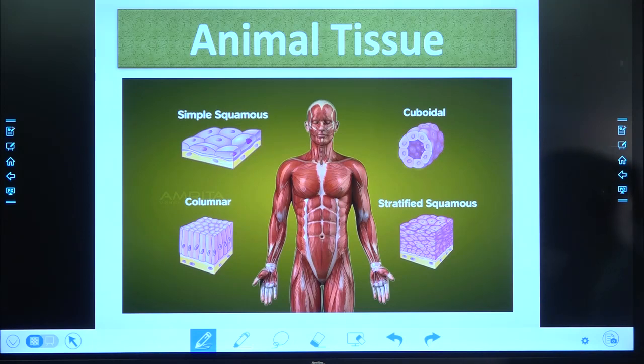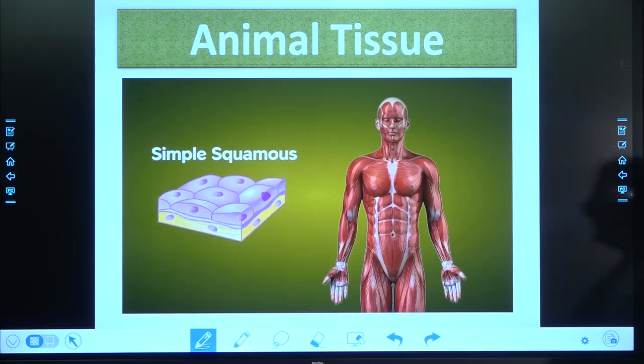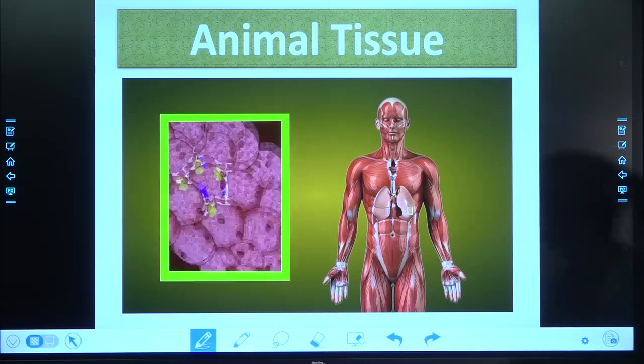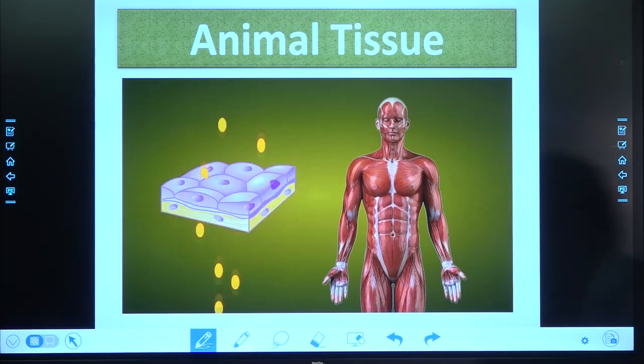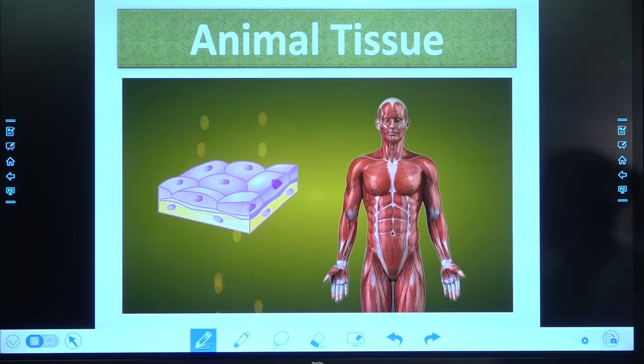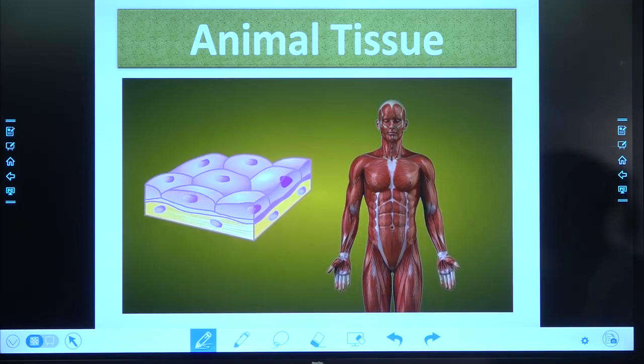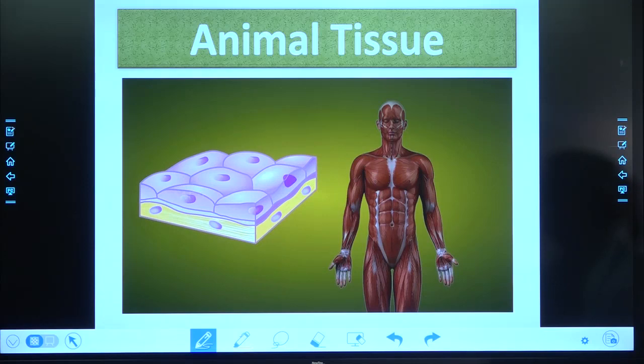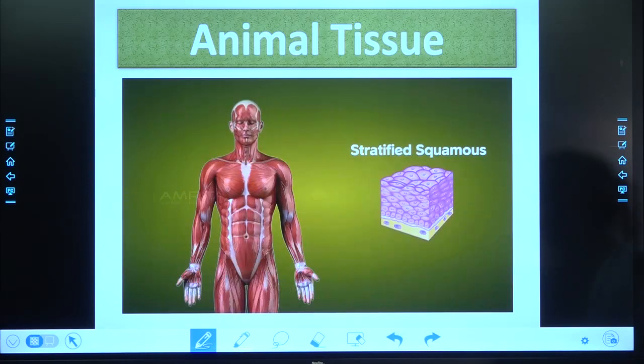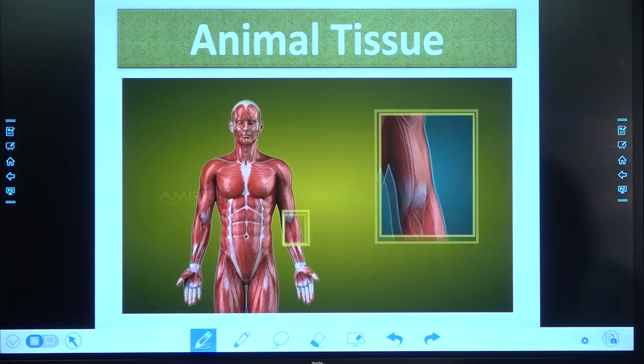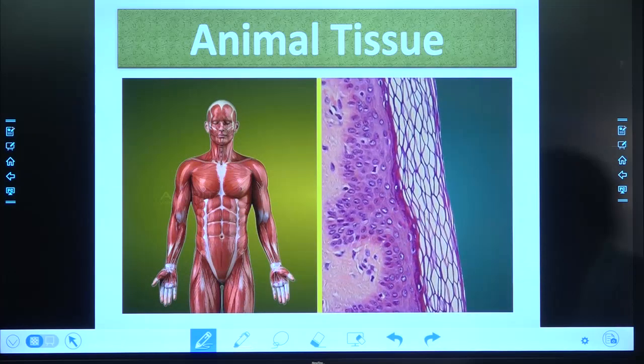The simple squamous epithelium is found in the lining of the alveoli and allows transport of small molecules across the membrane. It is extremely thin, flat and single-layered. The stratified squamous epithelium protects areas subject to abrasion and is found in the skin. It is multi-layered.